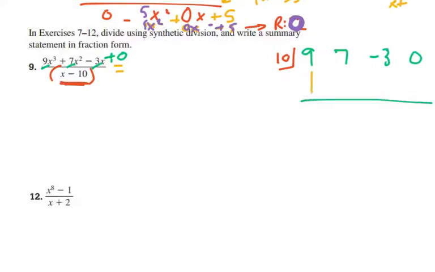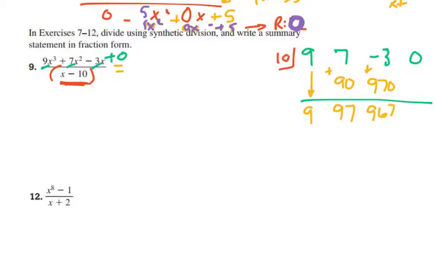Then we're going to do the process of synthetic division. So we bring down our 9. 9 times 10 becomes 90, and then we'll add that, so we get 97. 97 times 10 becomes 970. This is really ugly. Oh yeah, this is it. And so then we get 900 if we add these, and 67.